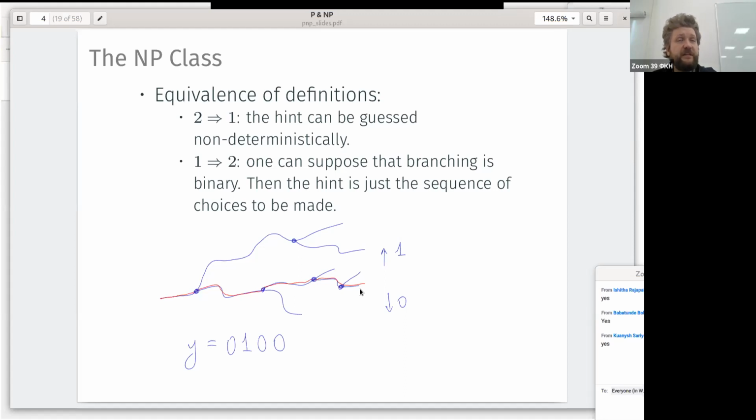Our non-deterministic algorithms should make only a polynomial number of steps. Otherwise, we are not in the NP class. And let us write down the number of the choices we made. So here is going to be 0, 1, 0, 0. And this is going to be our hint.